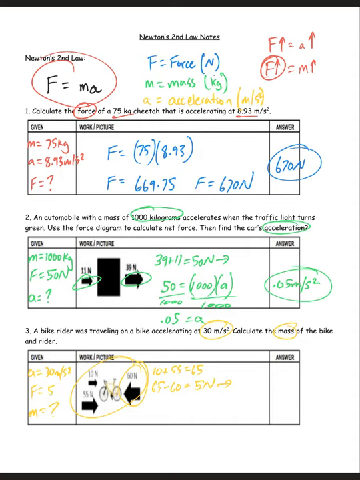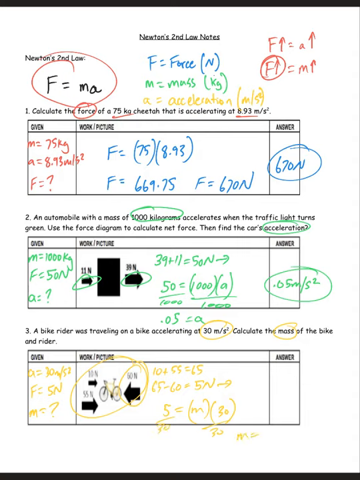And so I'm going to plug in 5 newtons for my force, and then I just plug it into our formula from up above. F, which is 5, equals M, which is what we're solving for, times A, which is 30. So to get M by itself, we're going to divide both sides by 30.